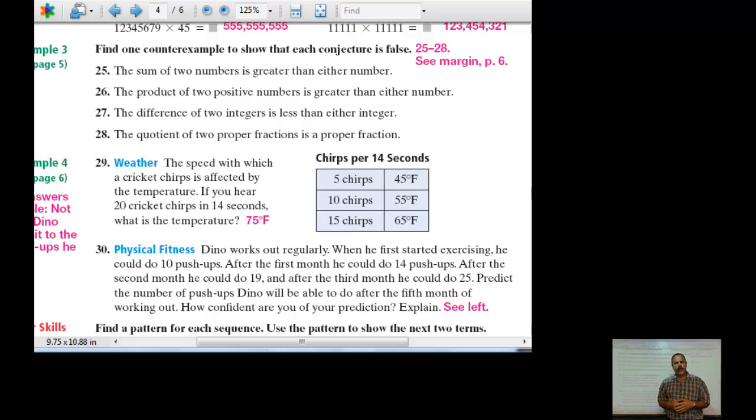Another example would be maybe to add a positive with a negative. Or add 2 negatives. Okay, so negative 3 plus a negative 2, that's a negative 5. Negative 5 is actually smaller than both negative 3 and negative 2. So you need to provide an example where each one of these is incorrect.